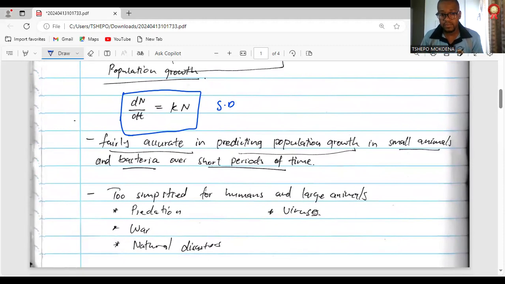And then it is too simplified for humans and large animals: predation, war, natural disasters, and viruses. So it's fairly accurate when we talk about small organisms, such as bacteria and so forth.